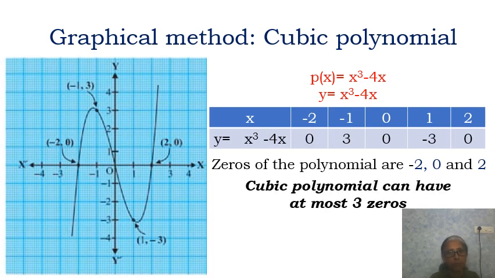So you can say in general for a cubic polynomial you can have at most 3 zeros. For a quadratic polynomial you can have at most 2 zeros, and for a linear polynomial it can have only 1. Is it clear?